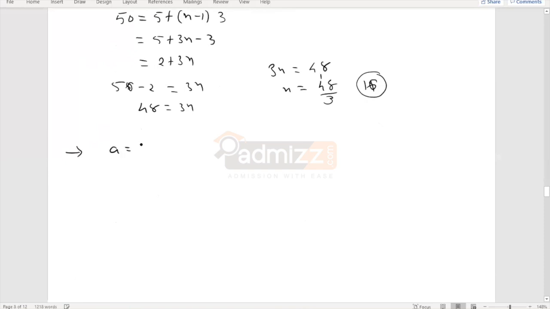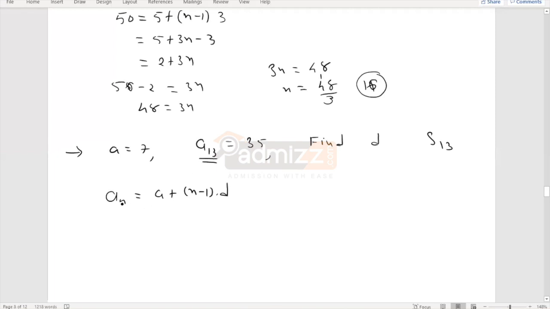For instance, suppose a equal to 7 and a13 is given as 35, and you have to find the difference d and S13. A13 is given. So starting from here, an equal to a plus n minus 1 into d.